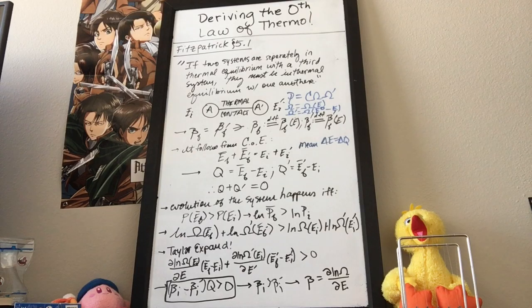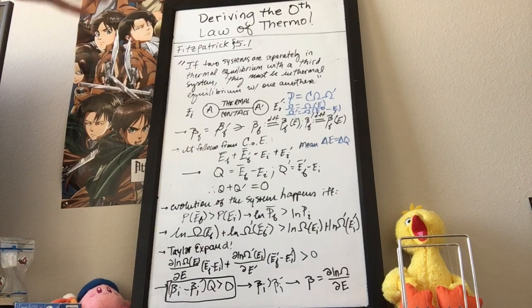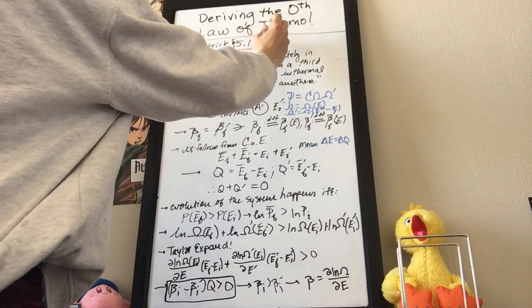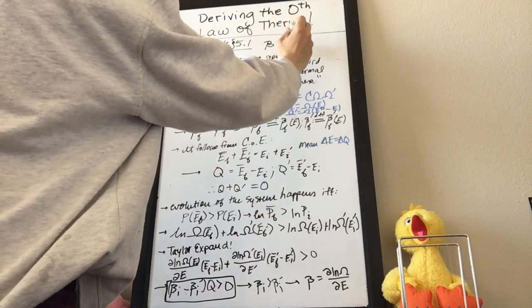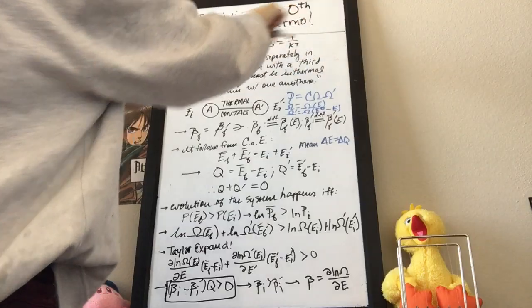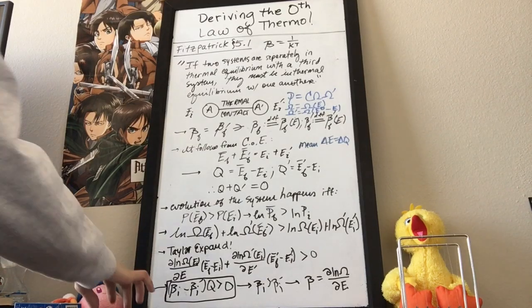Instead, whichever system has a higher value of beta, or in other words the one that has a lower temperature, because beta is equal to 1 over kT, right? So the smaller this is, the bigger this ratio gets. That system will continually absorb heat until we bring them into thermal equilibrium with one another.